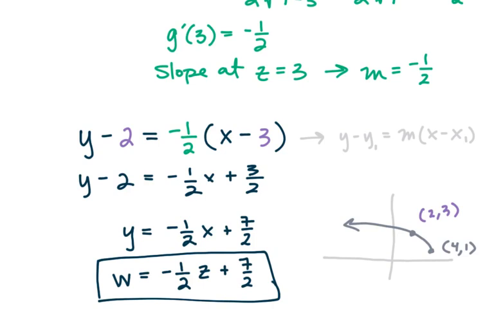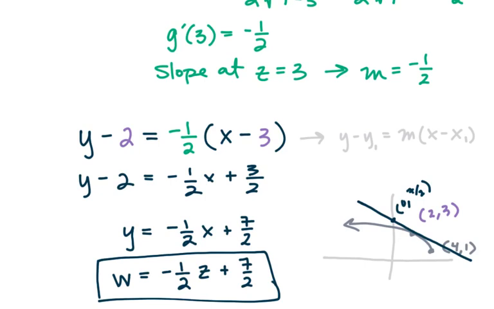And if I were to look at graphing my tangent line, it would have a slope of negative 1/2, would touch right there, and we'd have this y-intercept at 0, 7/2.